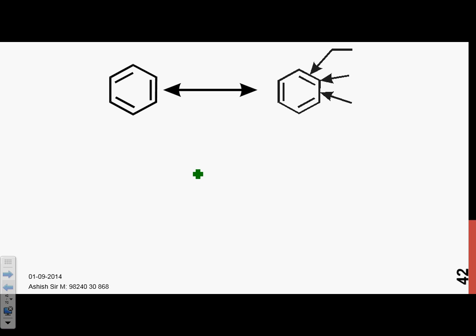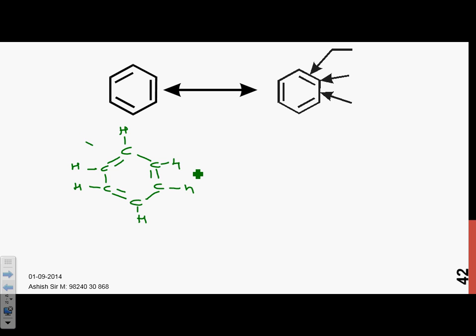The structure of benzene. In benzene, as I have taught you earlier, we have 6 carbon and 6 hydrogen. If you were absent at that time, you can refer to this point. Benzene has 6 carbon and 6 hydrogen, and they have alternate double bonds.